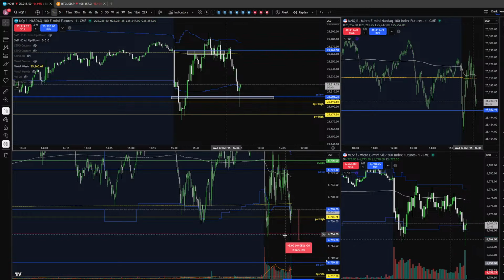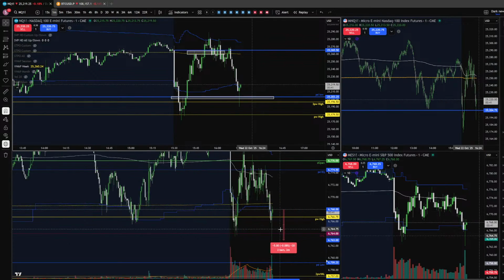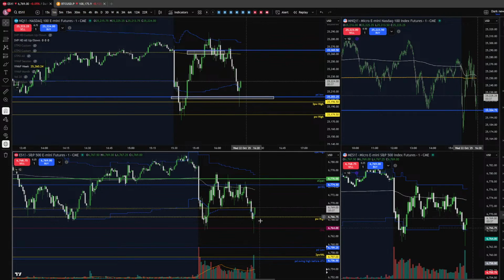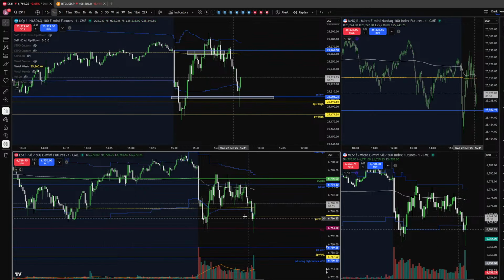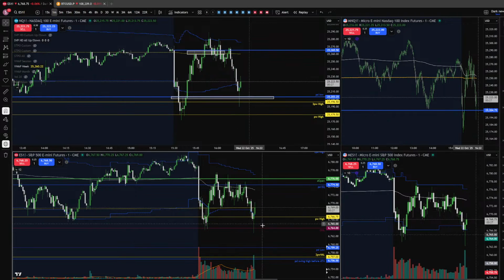And I'm not liking this as a low, to be honest with you. Could be nice push, big volume spike, stopping all these longs. You know, not gonna lie, the low could be in.